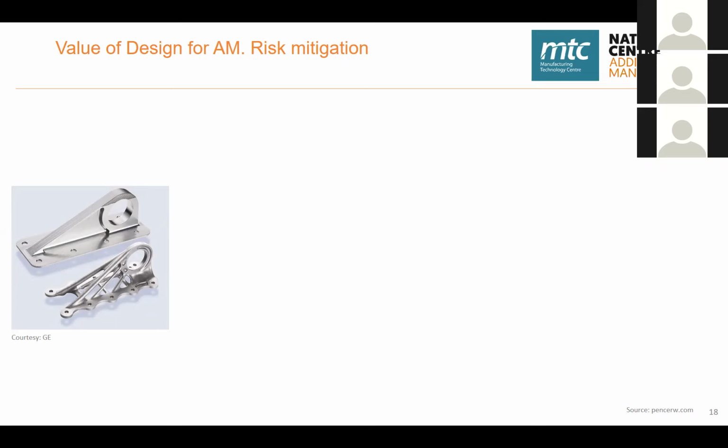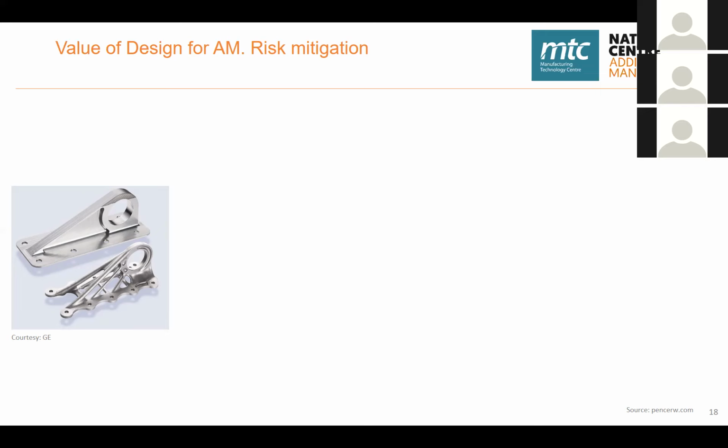But even if we think about the most high-end technologies, here we have an example from GE, where I think it was an application they were working on with Airbus, this bracket, creating this final component.